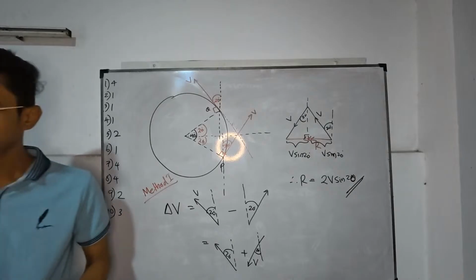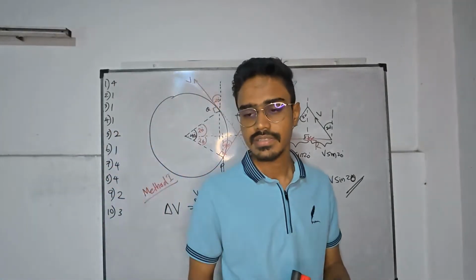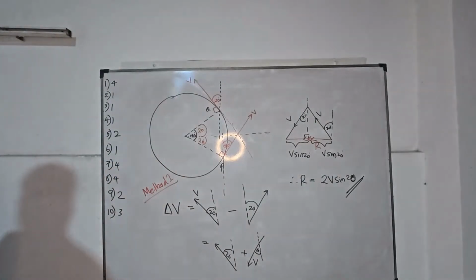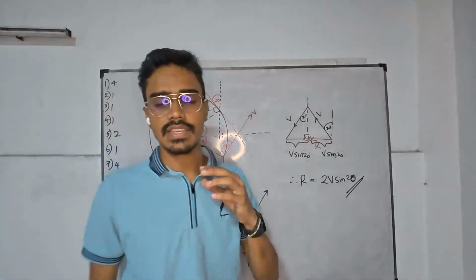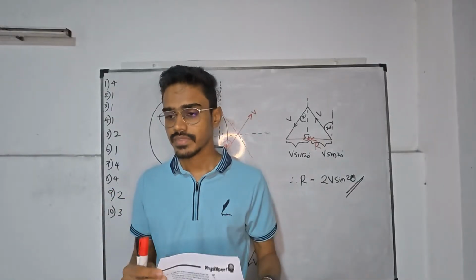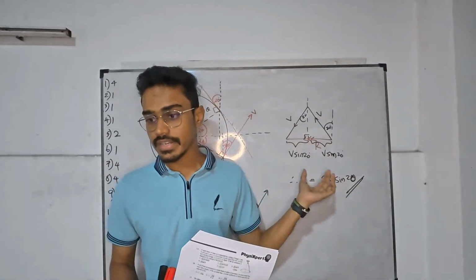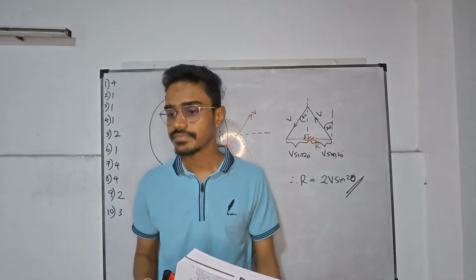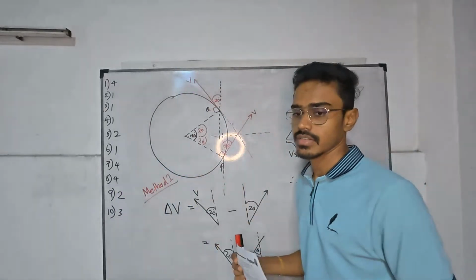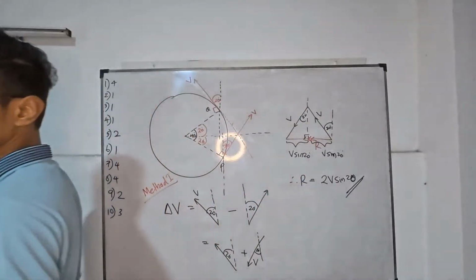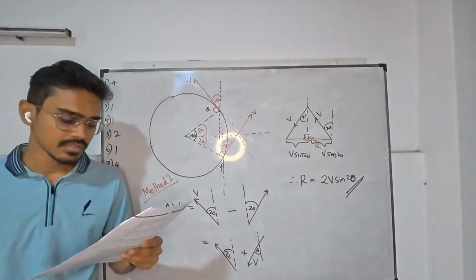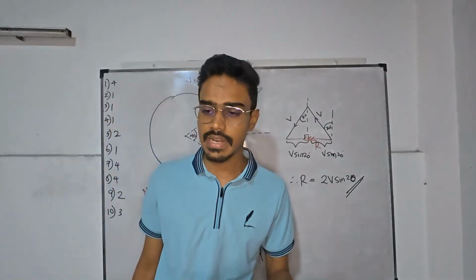Is it clear enough, students? See how these things we learned in mechanics link to each other. Now this is coming from vector triangles, so that is linked with the circular motion application here. A very good question, with good thinking. Some of you might be thinking that it is zero, no?